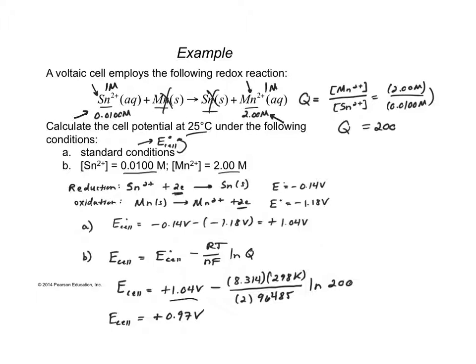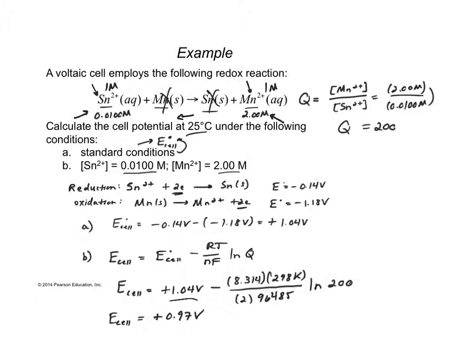If we go back to Le Chatelier's principle, if we increase this product and decrease this reactant, what is it going to want to do? Increase products, decrease reactants. What is it going to want to shift to? A little bit back towards the left. So how does that translate to the cell potential? It's still a spontaneous process, but it's a little bit less spontaneous.